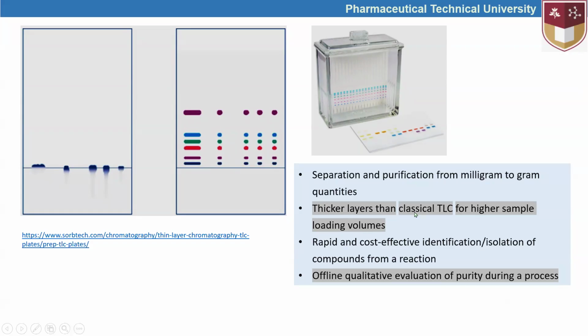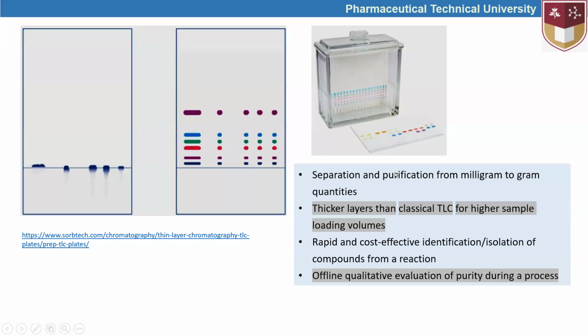Based on the concentration, we can use small size TLC plates, or if we have some amount like grams of, for example, compounds after reaction or the extracts themselves, then we can use this kind of higher volume chambers that can enable us to separate the gram extracts or compounds after reaction.